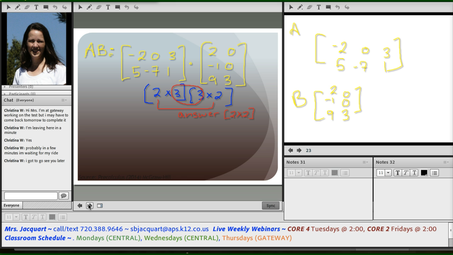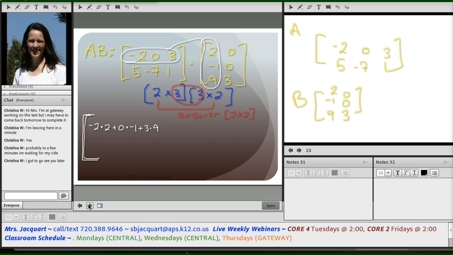Okay, so I'm going to use colors. For entry 1, I'm going to take row 1 times column 1 and add the parts. So -2 times 2 plus 0 times -1 plus 3 times 9.